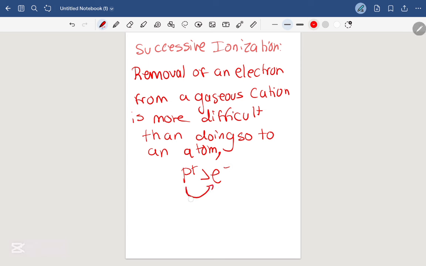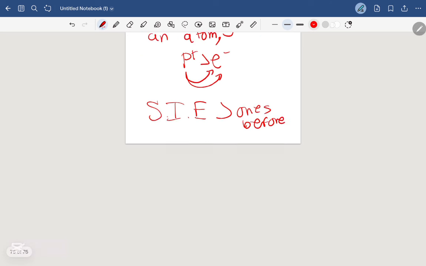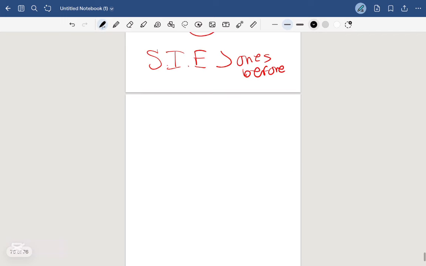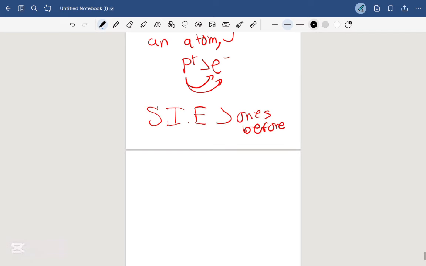The cation will attract the valence electrons more, and due to this, the successive ionization energy is greater than the ones before. Perfect. Now what do we need to know? Ionization energy increases while removing successive electrons.